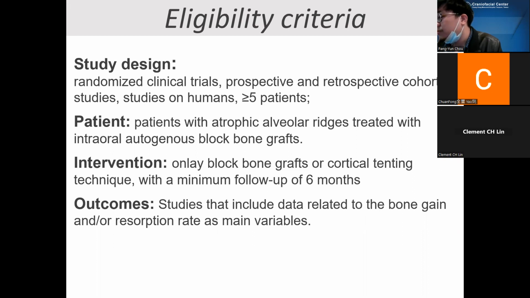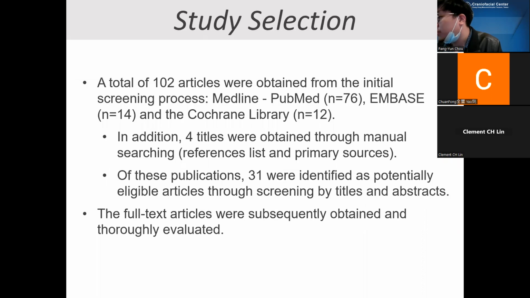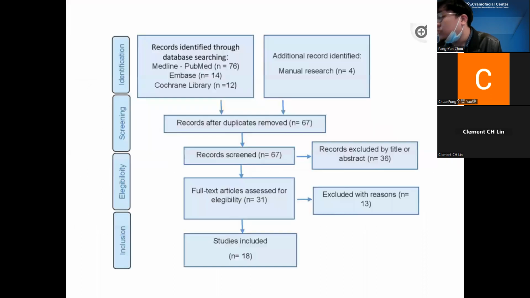And the results. A total of 102 articles were obtained from the initial screening process. Of these publications, 31 studies were identified as potentially eligible articles through screening by titles and abstracts. As a result, 18 articles fulfilled the inclusion criteria and were finally included in the present systemic review.